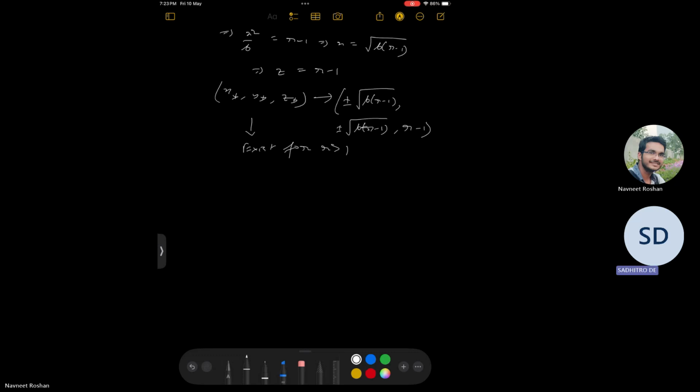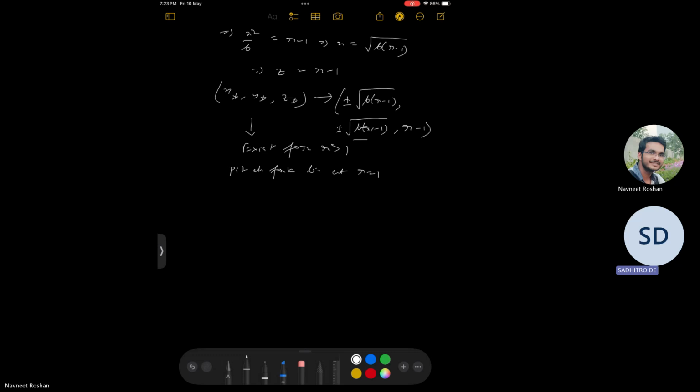So these fixed points basically correspond to the two overturning rolls in the convection system, and there is a pitchfork bifurcation at r equal to 1.